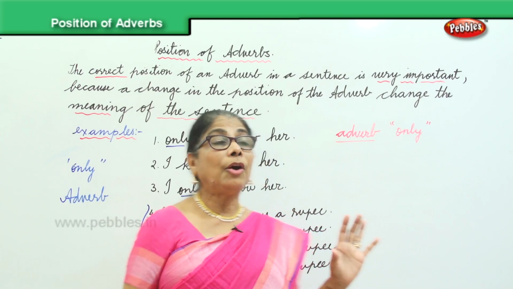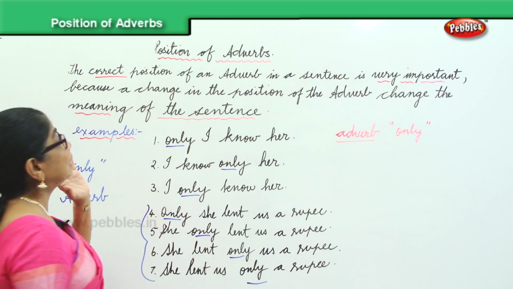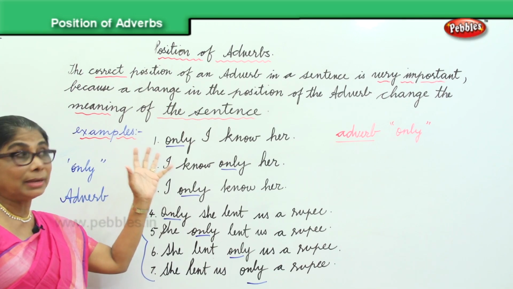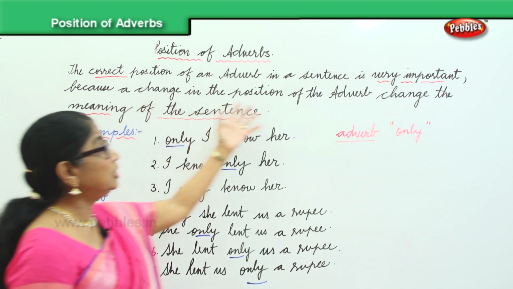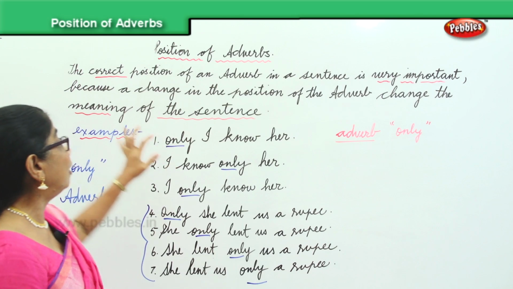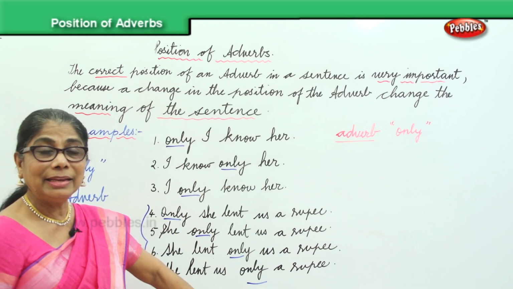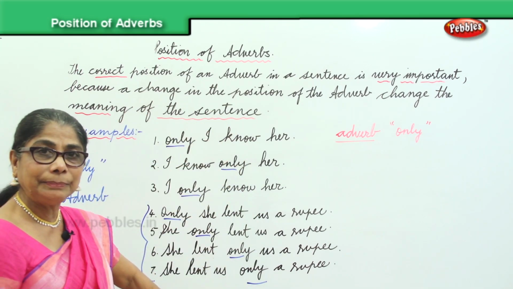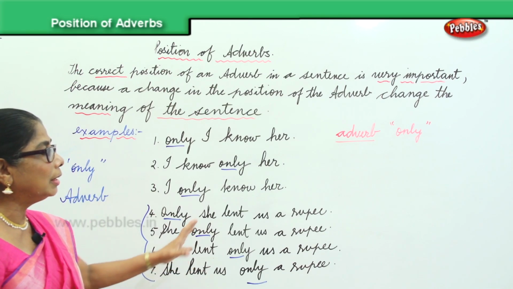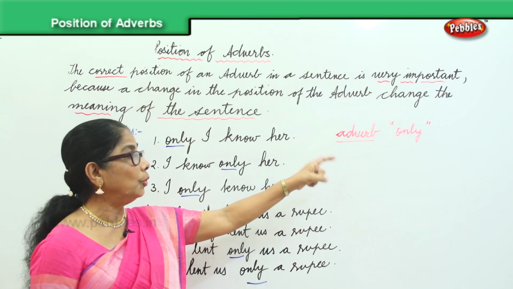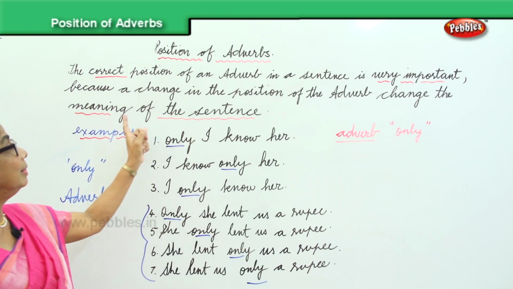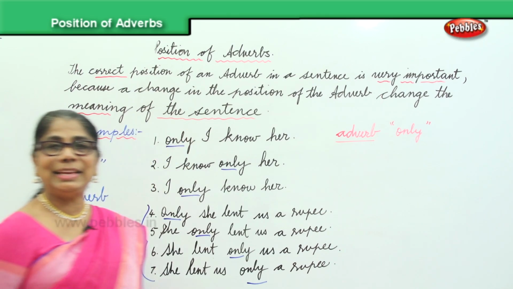So, according to the rule here, the correct position of an adverb in a sentence is very important, because a change in the position of the adverb changes the meaning of the sentence accordingly. In these 2 sets of sentences with only, because the adverb only keeps changing position, the meaning of the sentence keeps changing.